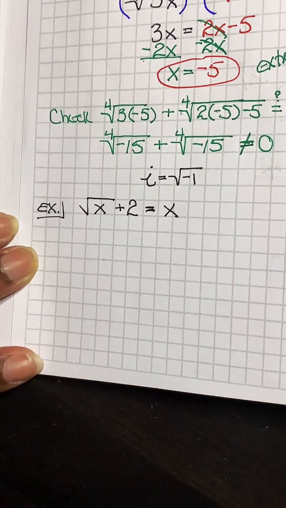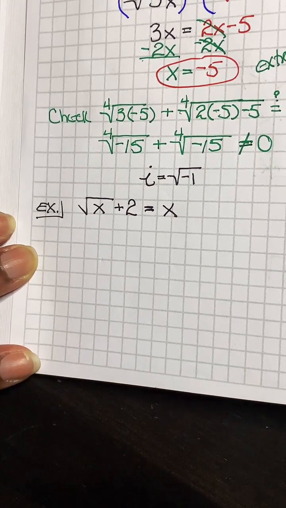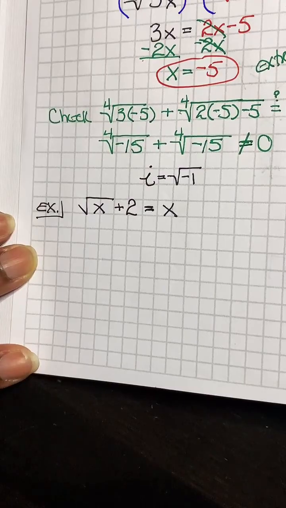Not sure. Okay. So the easiest way, Mega's back. You're making me so popular. How are you? We're going to minus 2. I would move the 2 to the other side and then square both sides.